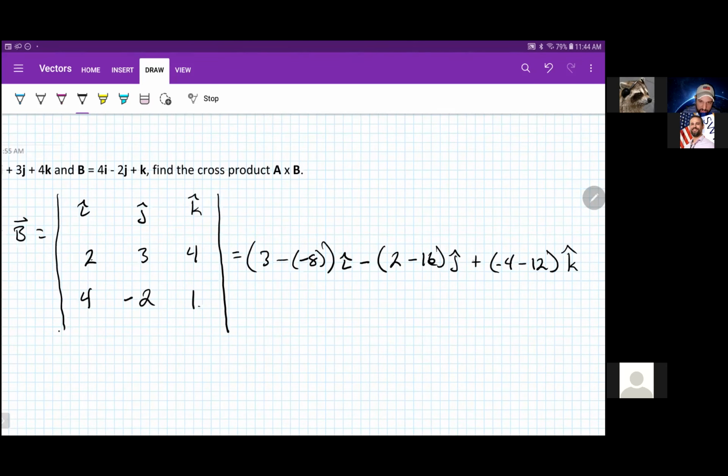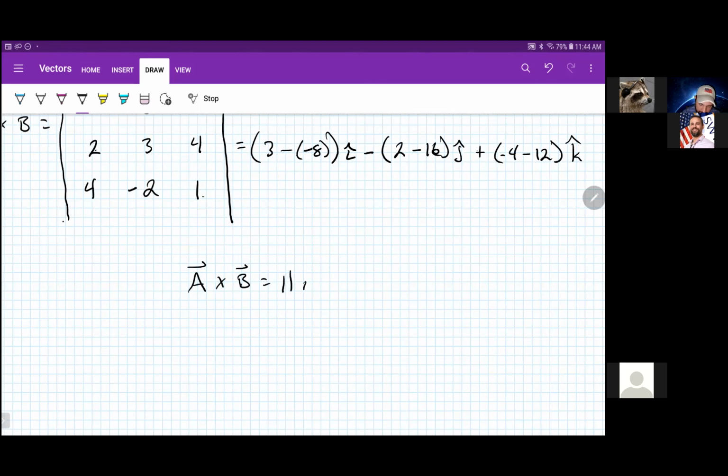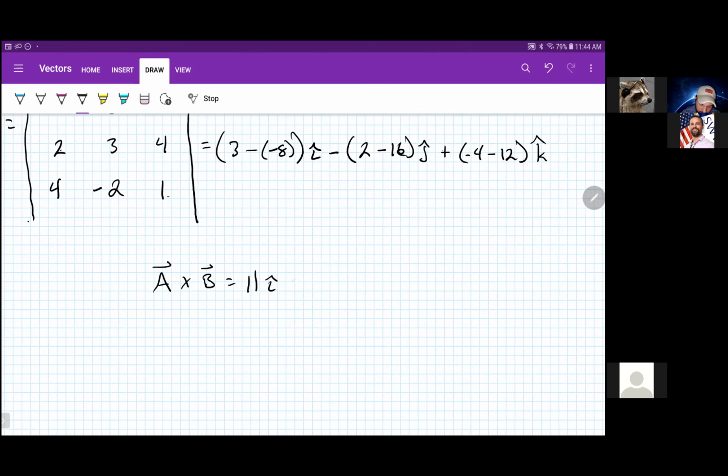And now I just solve that. So A cross B is going to equal 3 minus a negative 8. That becomes 3 plus 8, that's going to be 11 I hat. Then that's going to be a minus. That's 2 minus 16 being a negative 14. So a minus times a minus gives me a positive 14 J hat.